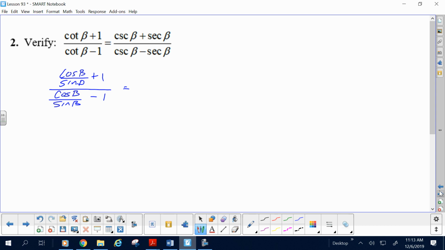So multiply by a sine, you say. I love it. Do I love it? Multiply by sine over sine? Yeah, you just cancel sine. It's just cosine, 1 over sine plus 1 over cosine.